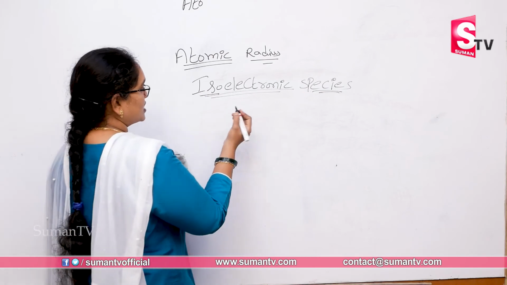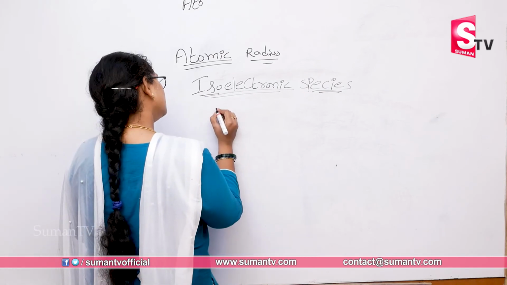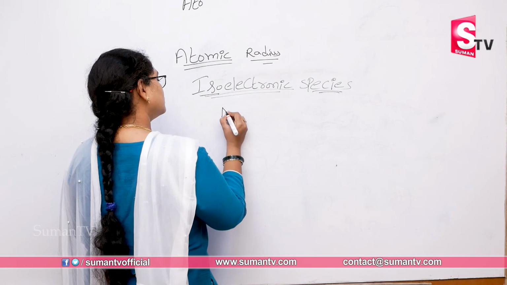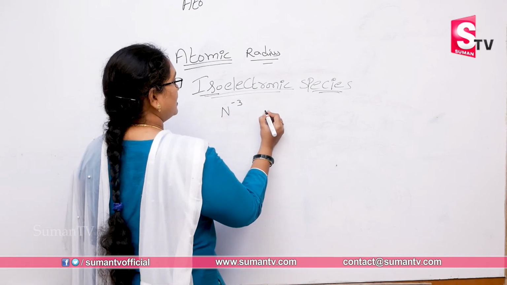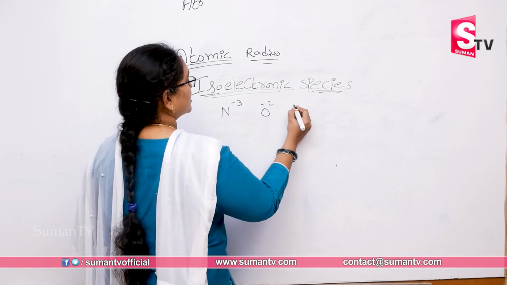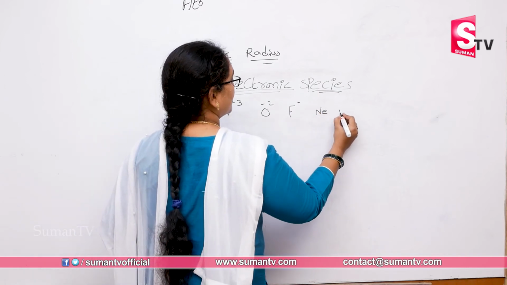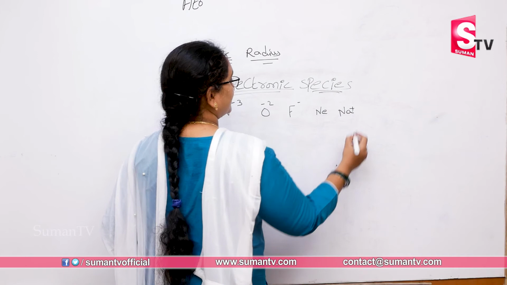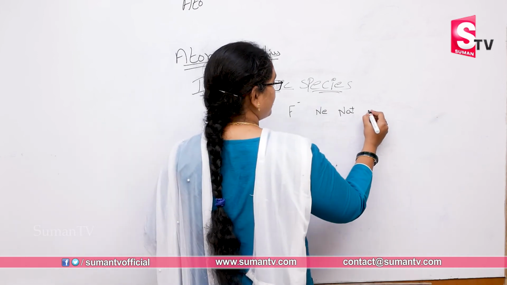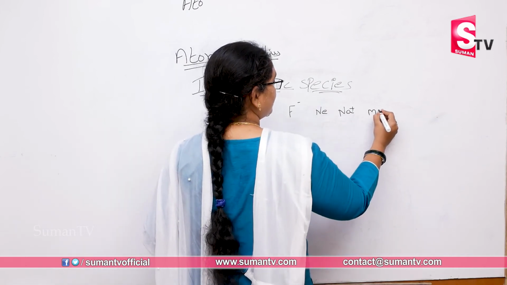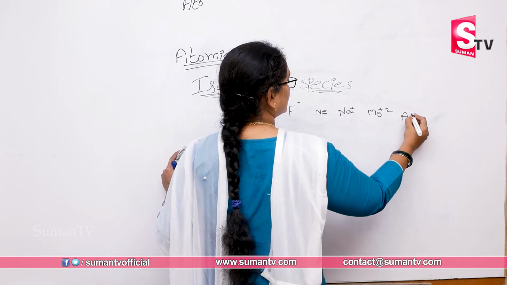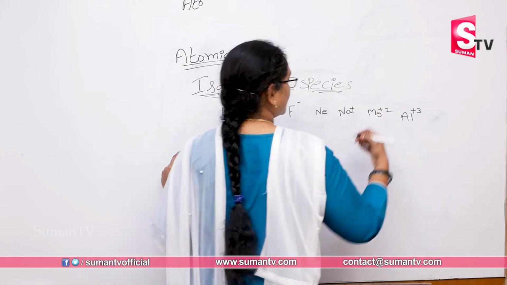Consider N minus 3, O minus 2, F minus, neon, Na plus, Mg plus 2, Al plus 3.